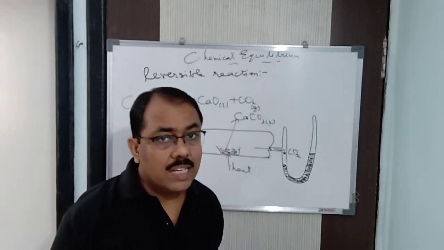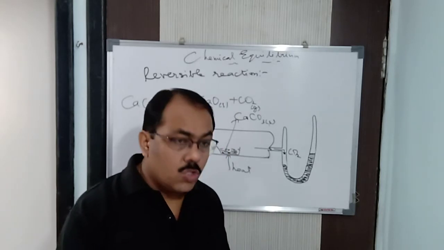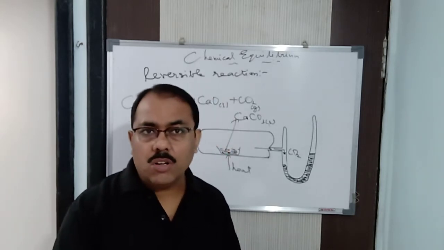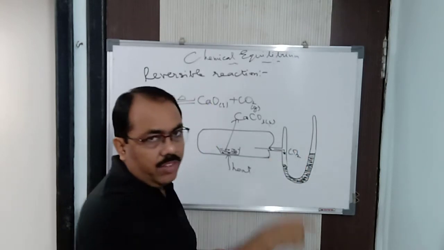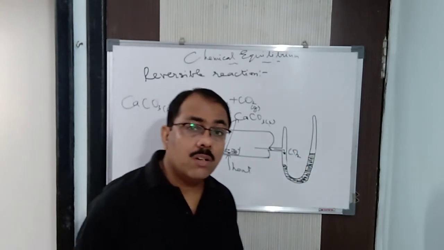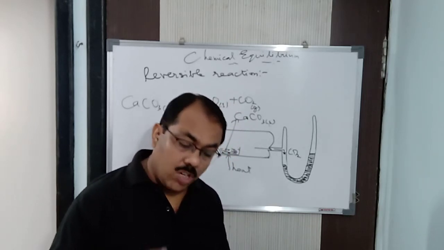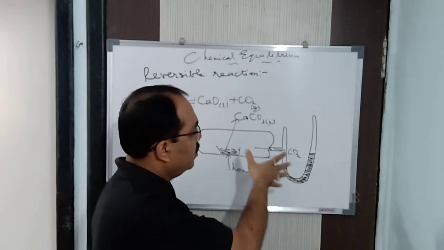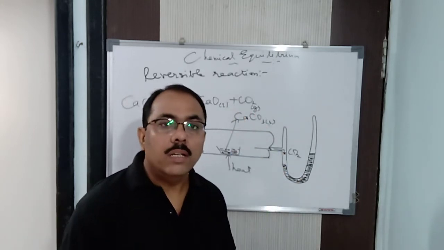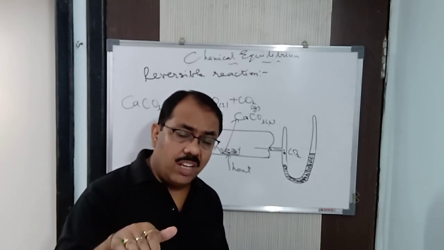So what can we say? The reaction attains equilibrium at that point. The pressure becomes constant, which we can observe very clearly. So when a reaction attains equilibrium, one of the observable properties becomes constant, as you can see from this experiment. The mercury level in one of the limbs becomes constant.